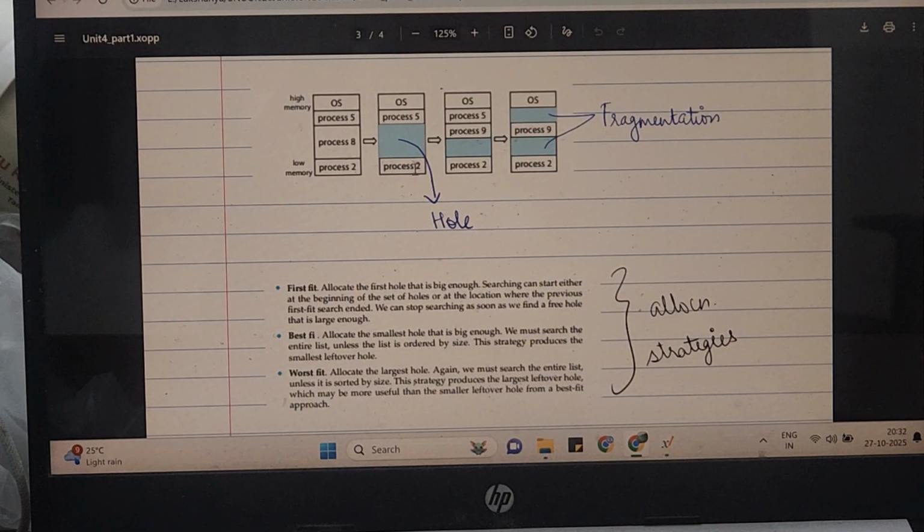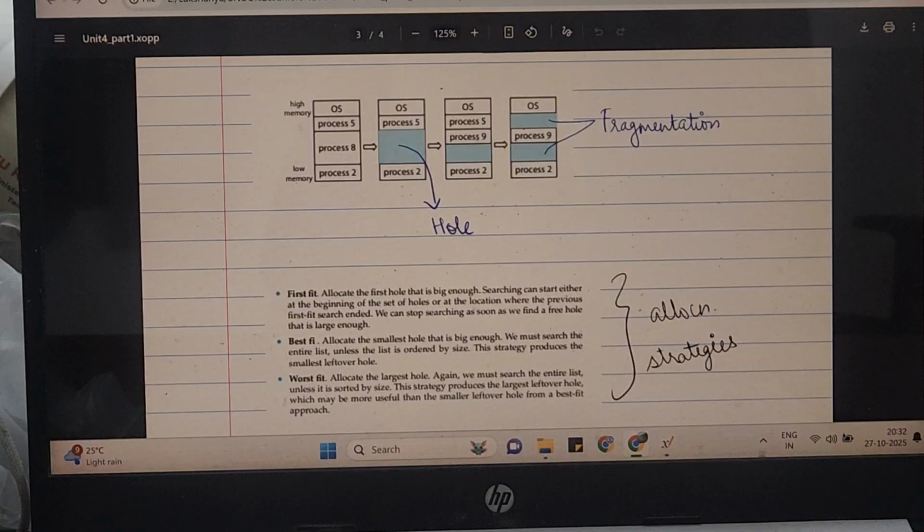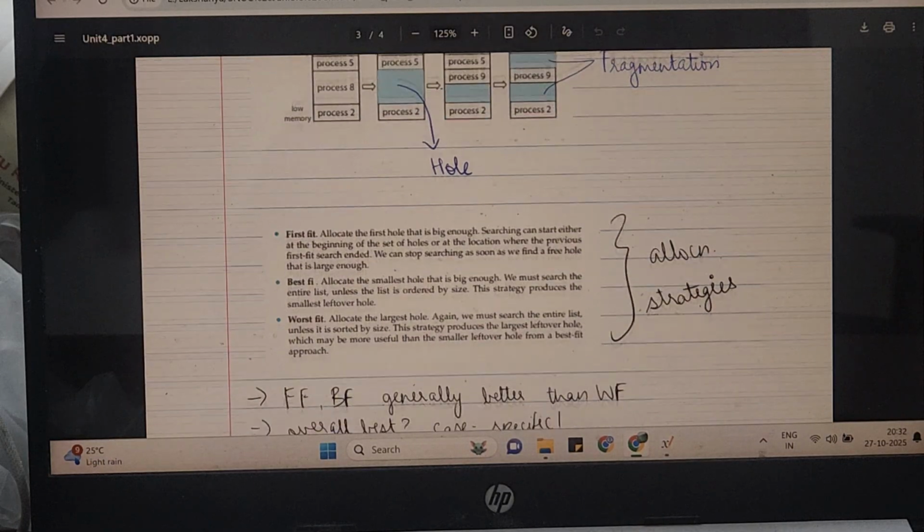It has to be a contiguous block. Now for allocating in that manner, you have multiple approaches. First fit, find the first suitable hole which is greater than or equal to your process size. Best fit, find the smallest hole which is greater than or equal to your process size. Worst fit, find the largest hole. So these are different strategies.